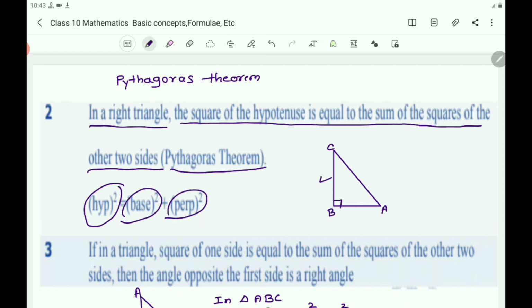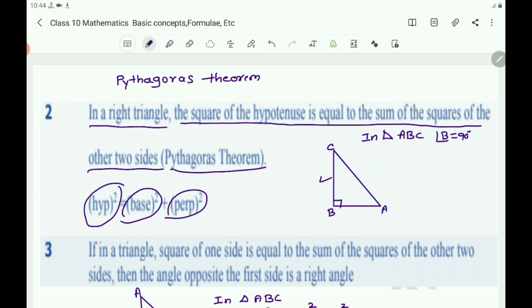Now consider the right angle triangle. Here, this may be the base or this may be the perpendicular. Now if you take the right angle triangle ABC, angle B equals 90 degrees. Any angle may be 90 degrees, and the side opposite to it is the hypotenuse.